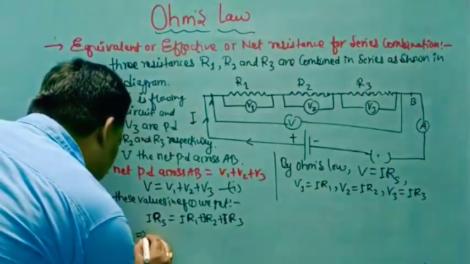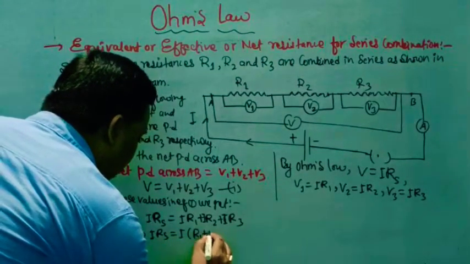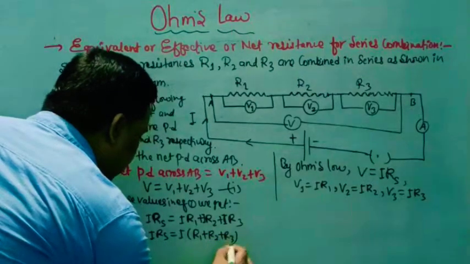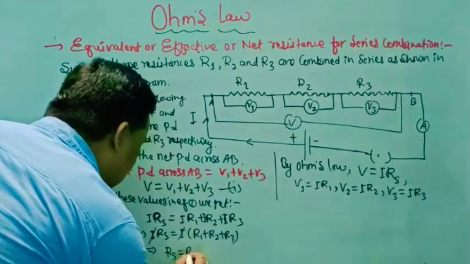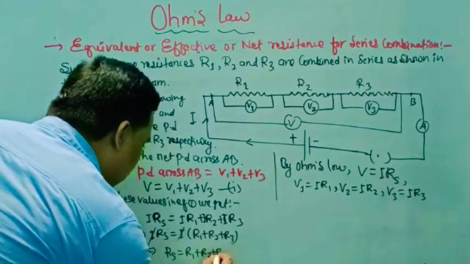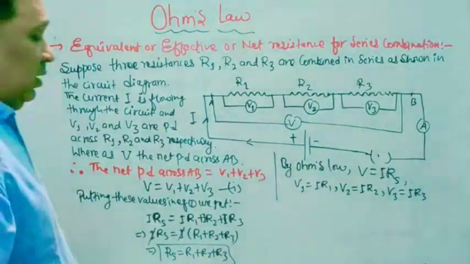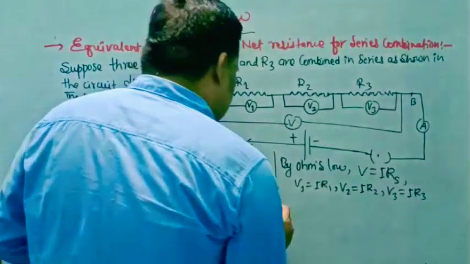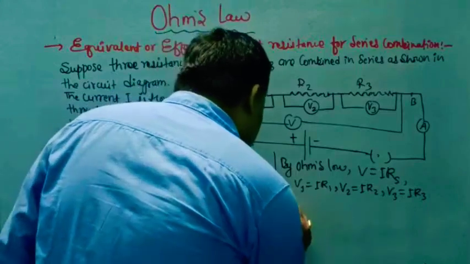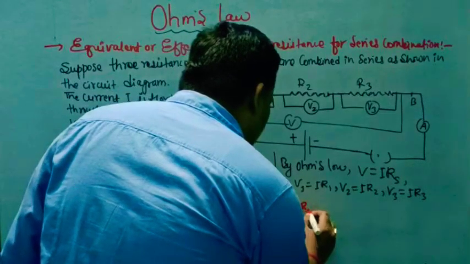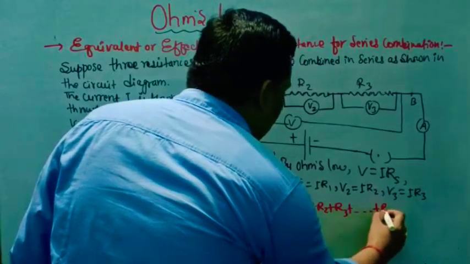Taking I as common, we have IRS is equal to I times R1 plus R2 plus R3. Cancelling I from both sides, we get RS is equal to R1 plus R2 plus R3. So in this way, we find the equivalent resistance for series combination of n resistances. RS is equal to R1 plus R2 plus R3 plus up to Rn.